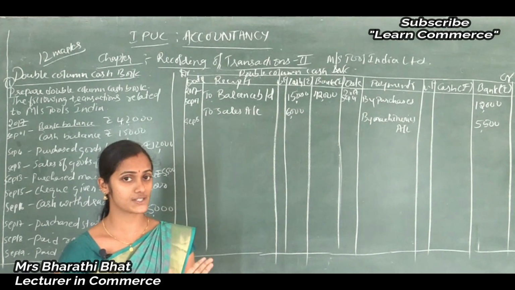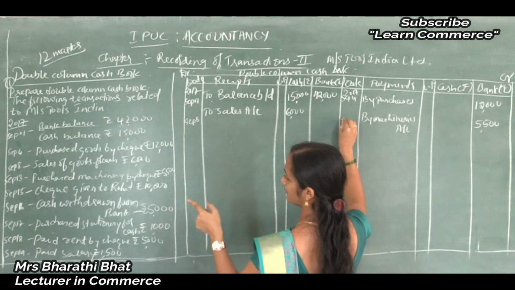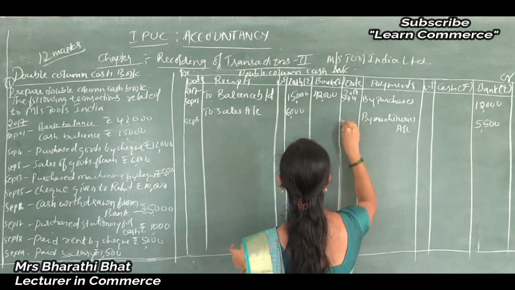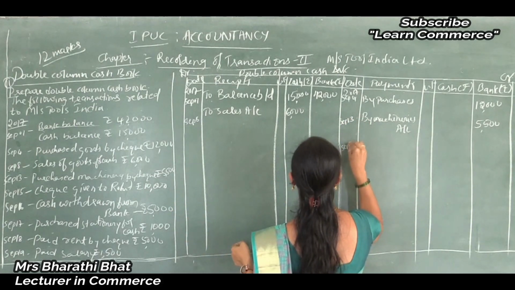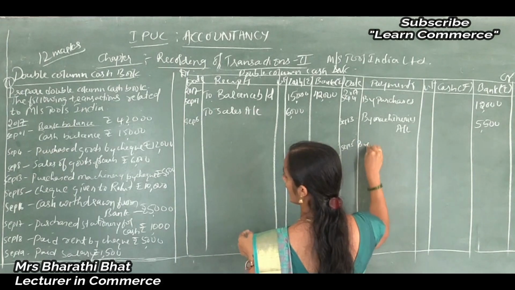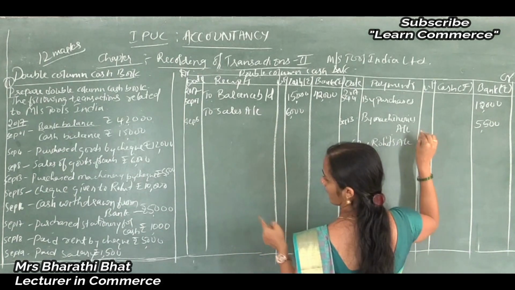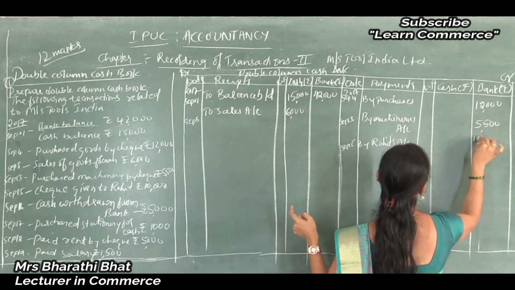So it comes under the payment side. Write the name and the date September 15, by Rohit's account, 10,000.